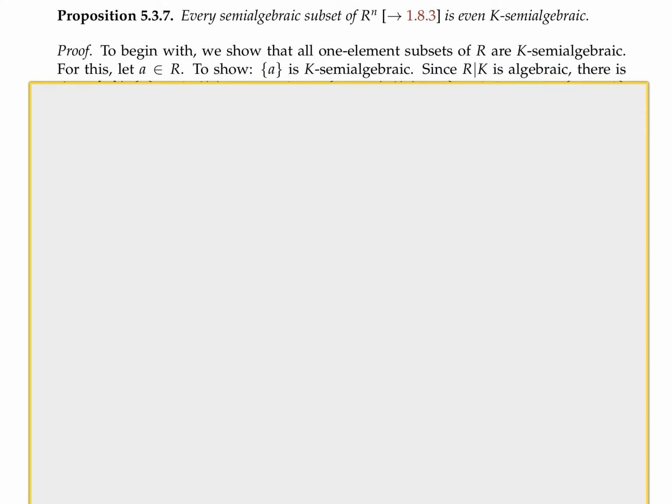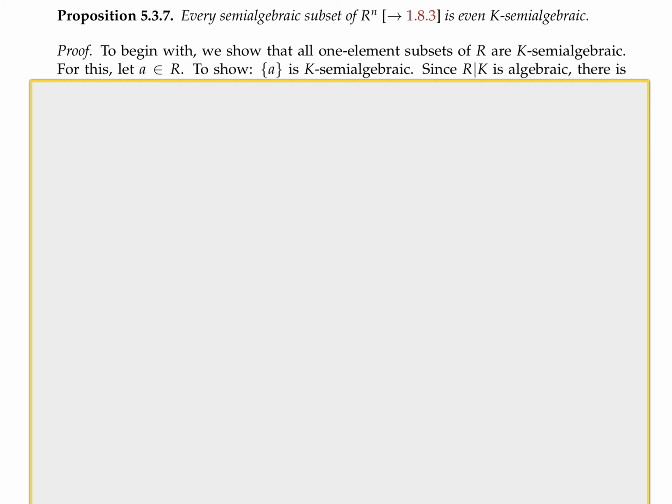So let's see. To begin with, we show that all one-element subsets of R, so all singleton subsets of R, are K-semi-algebraic. That's of course because R, being the real closure of K together with less than or equal, is algebraic over K. For this, let A be in R. To show that the singleton set with A is K-semi-algebraic, we have to show this.